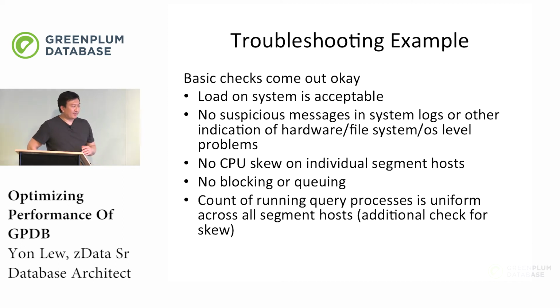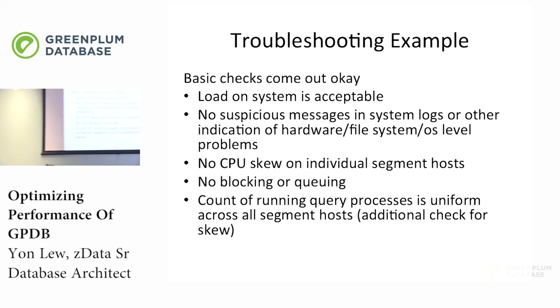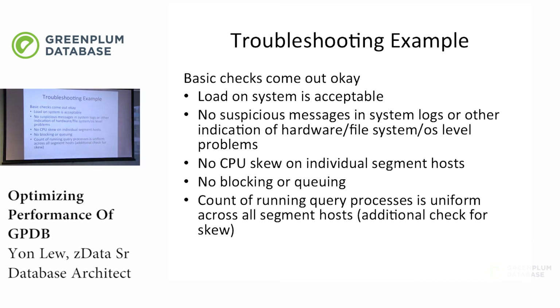Okay, so the first thing we do is just run a bunch of basic checks on the system. We check the load using Command Center, and it looks okay. We check for suspicious messages in the system logs: dmesg, /var/log/messages, /var/log/mcelog, that kind of stuff. And we don't see anything that indicates any problems at the hardware, file system, or OS level. We check CPU.